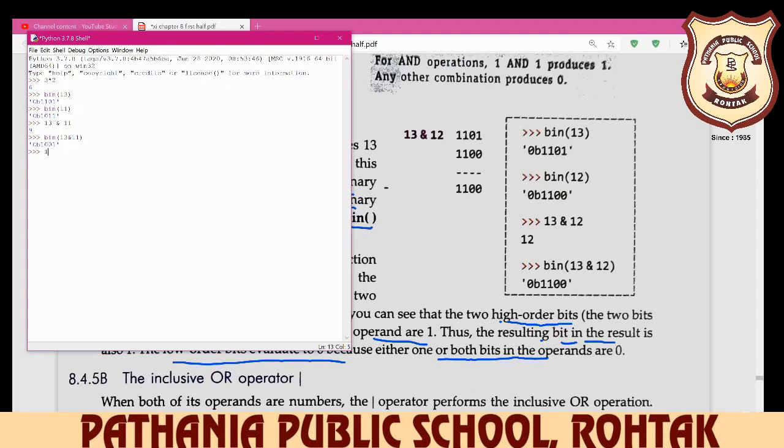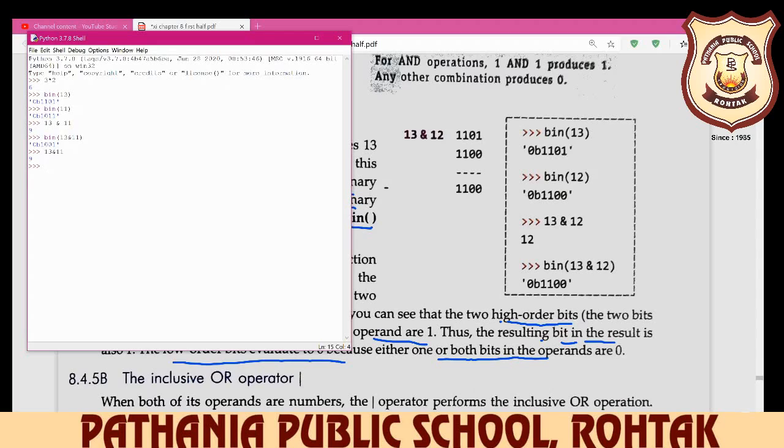And when you write down this one, it displays your answer 9. So this is the representation of your binary and this is the representation of your AND operator, the ampersand operator.